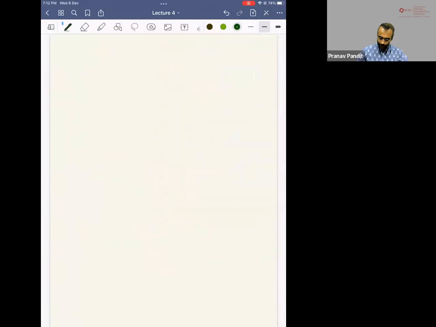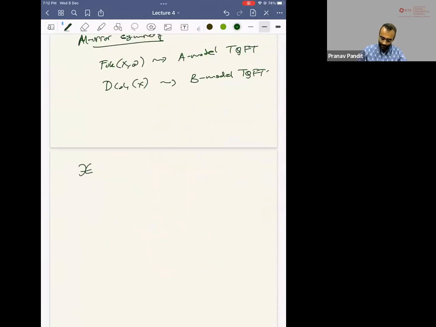If X is a nice DG category, nice being fully dualizable, then you get a corresponding field theory Z_X from Bord to framed to DG categories.